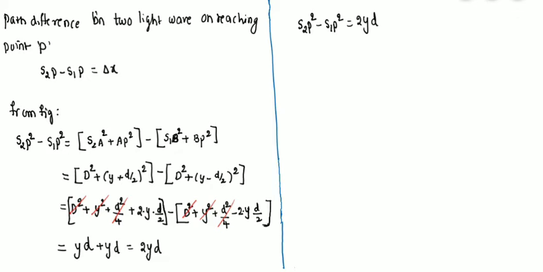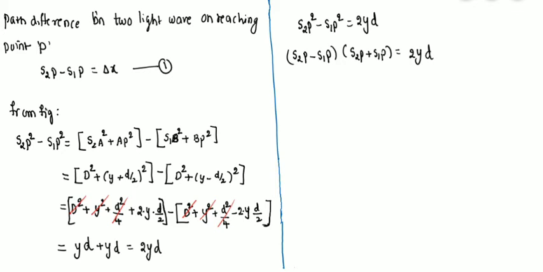And this we write using the a minus b whole square formula, as (s2p minus s1p) into (s2p plus s1p), which is equal to 2yd.